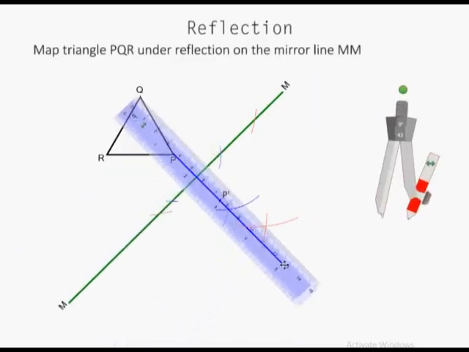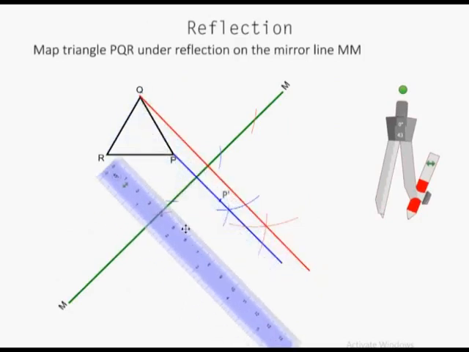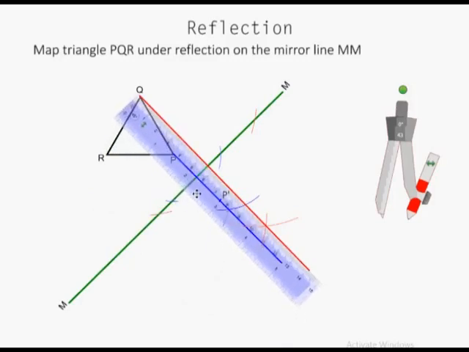Now draw a line from Q to this point of intersection and extend the line. Take a ruler and measure the distance from Q to the mirror line. Take the same distance on the opposite side and we have Q'.